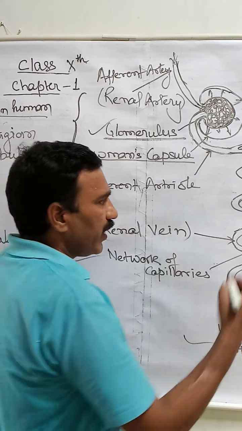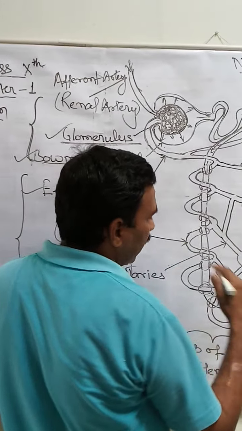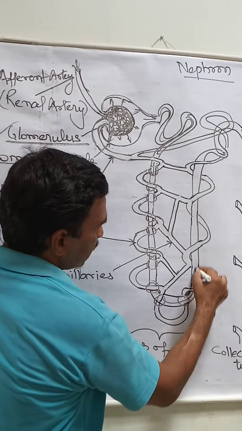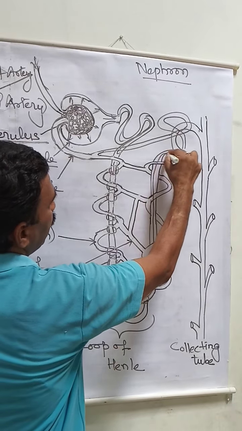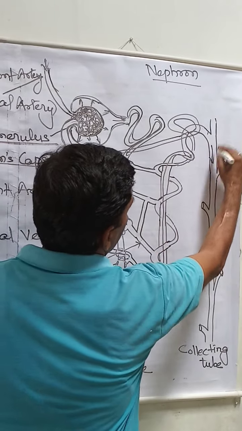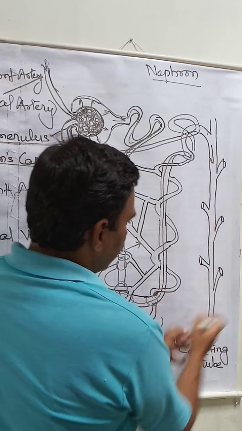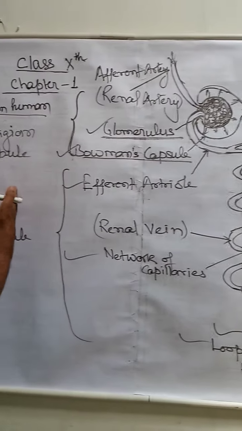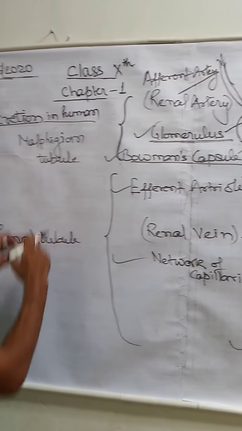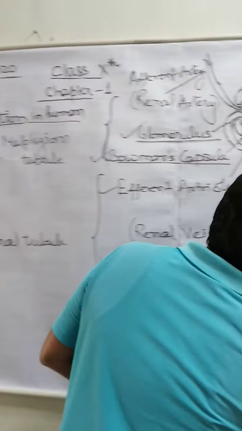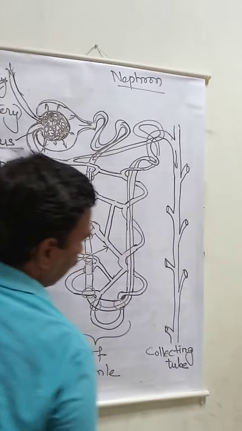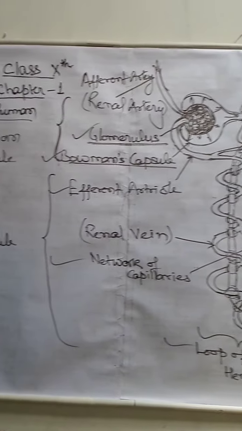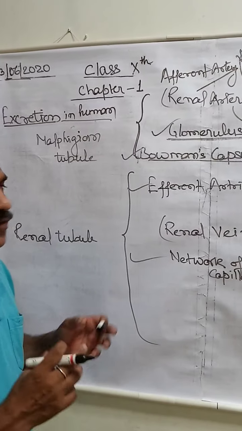Uric acid, urea, dead cells, these are not reabsorbed, these are left over, and are passed through this convoluted tubule into a collecting tube. This collecting tube then removes them through the ureters and urethra, and they are collected in the urinary bladder. So this was the process of liquid excretion in the body of a human being.